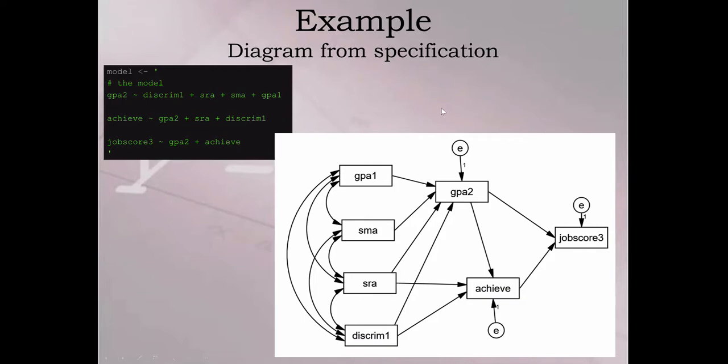The first thing is that basically everybody got the one-way arrows correctly drawn. So you all were able to see clearly how regression equations translated into boxes and one-way arrows on your drawing. The one thing that was a little bit harder for folks to remember was to draw error terms with every single endogenous variable.